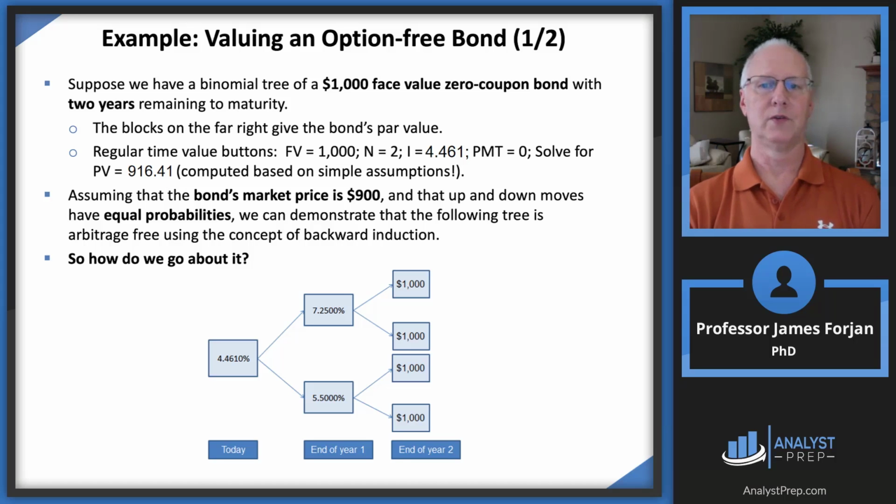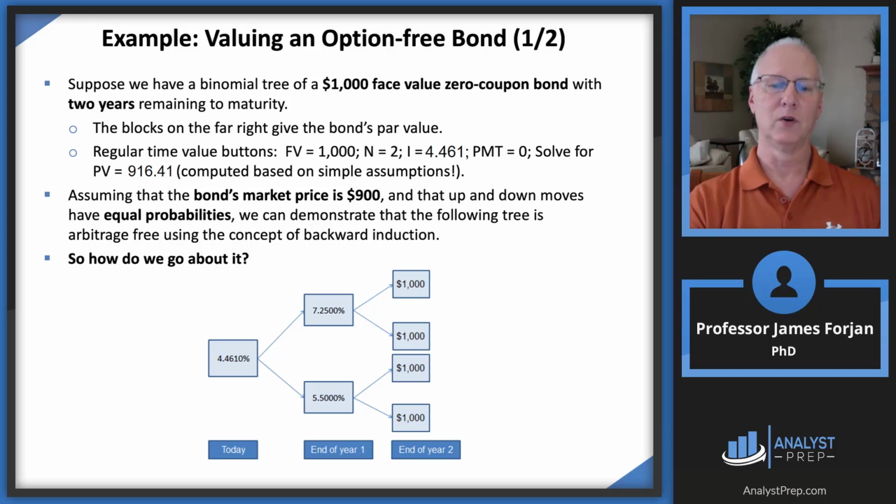All right, so let's use this tree to try to figure out the price, and let's try to figure out how we work back to the price. So what we're going to do is make a quick assumption here that the bond's market price is 900. Now, also, we're going to assume that if we buy that bond for 900 today, that 1-year rate is 4.66, right? So we can either have an interest rate path that moves up to 7.25 or moves down to 5.5.